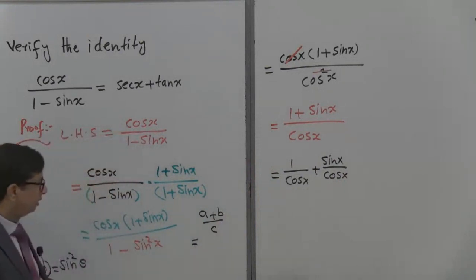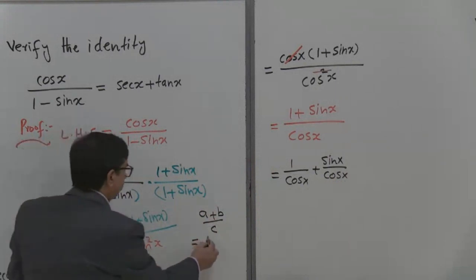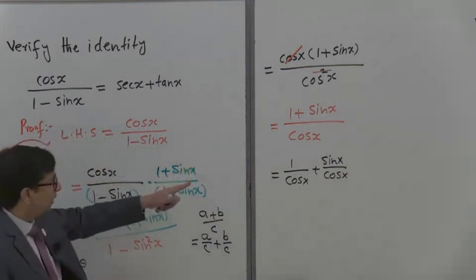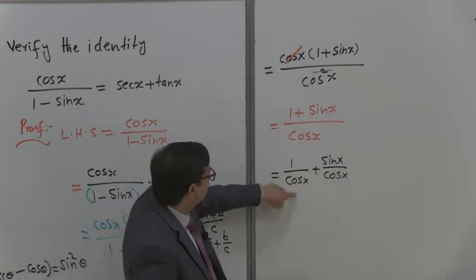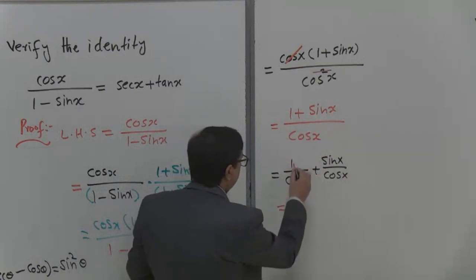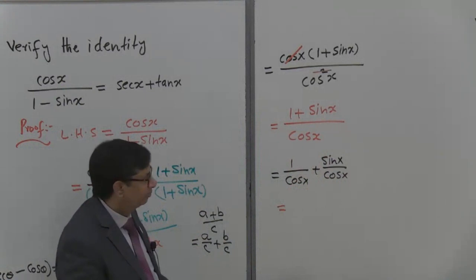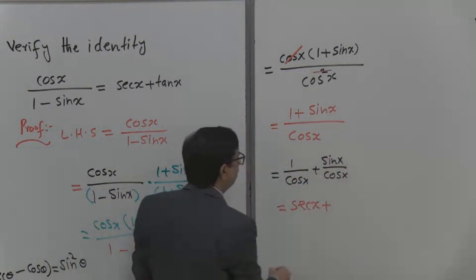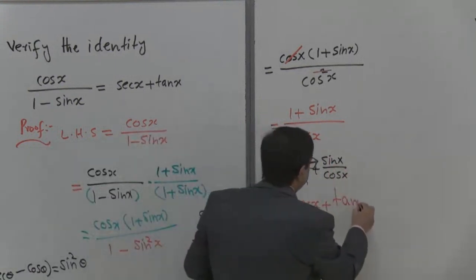How to write this one? a over c plus b over c. So apply the same rule over here. Divide each term by the denominator: 1 over cosine x, sine x over cosine x. So this gives us 1 over cosine x, which you can check from the list of formulas is equal to secant x. Sure. And sine x over cosine x is tangent x. Yes, so this is tangent x.